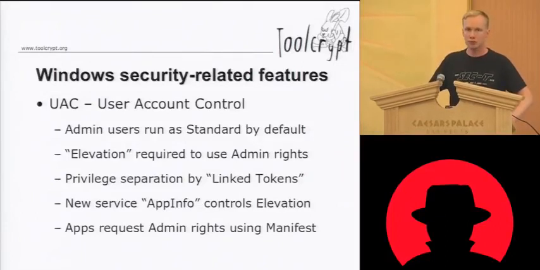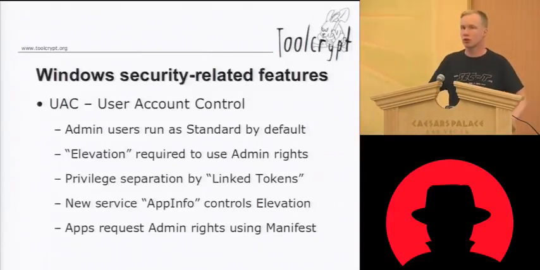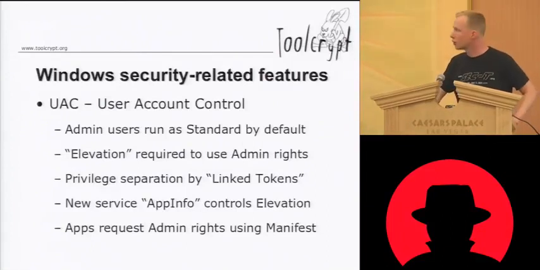So it would set a bit in a flag field, and it would set a pointer to another token that is the actual token of the system administrator with the privileges of the system administrator that have been restricted. And as you remember, the process can't itself change its primary token.